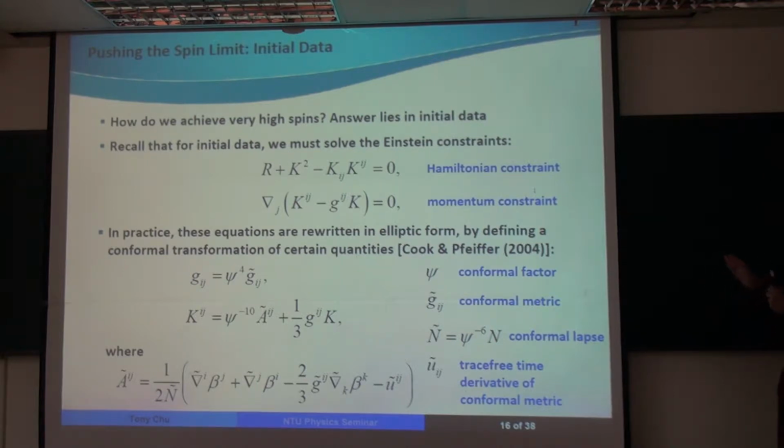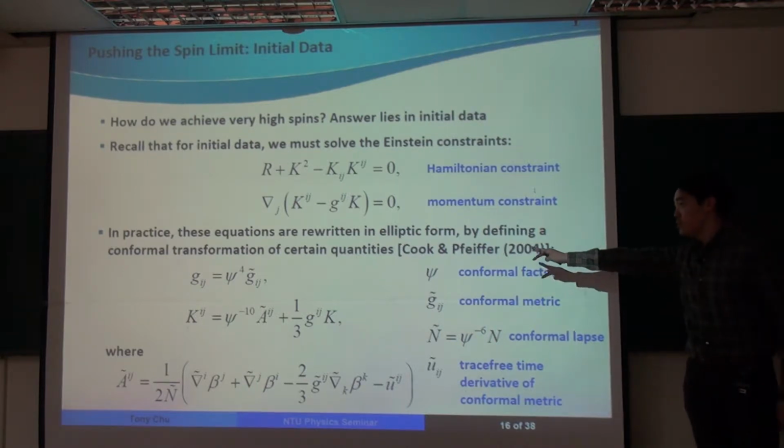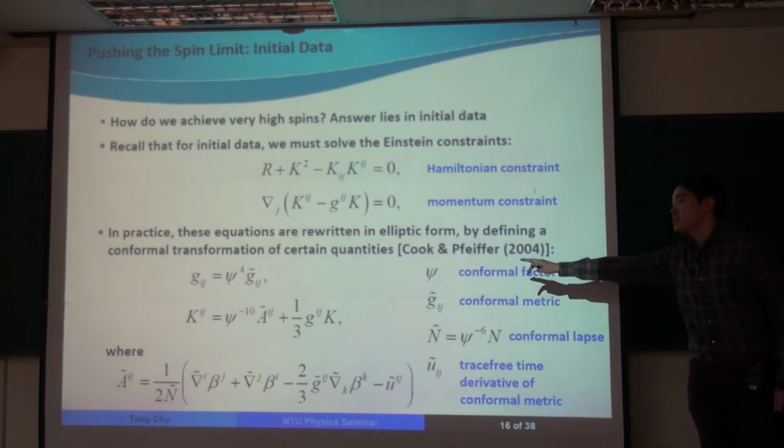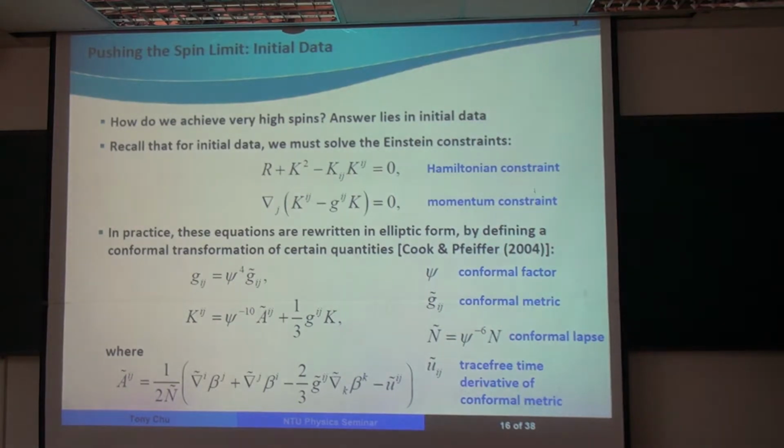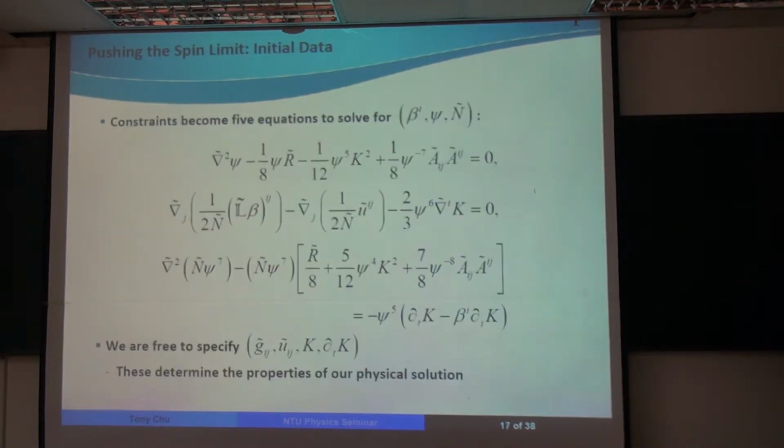So these are just details. The main point is that we do some conformal transformation to variables we want to solve for, and then we substitute them back in to the constraint equations, and they then spit out a more convenient form.